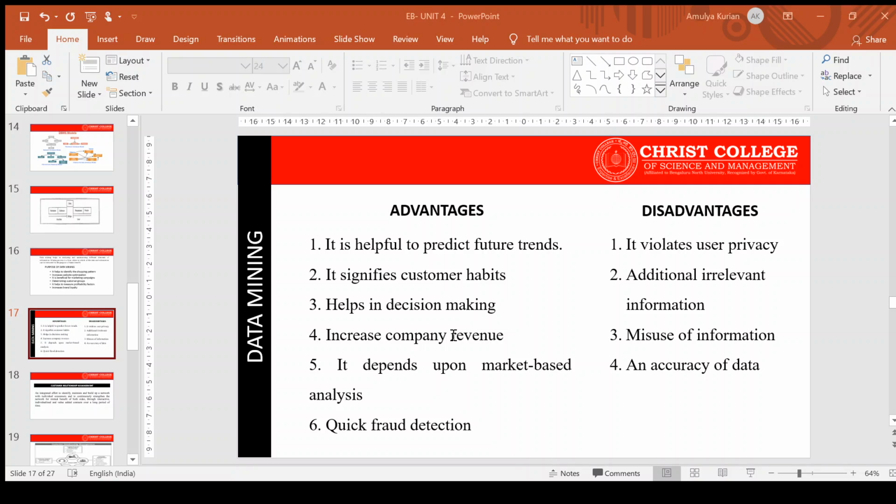So it may have some impact, like the information which is collected can be misused to harm others and things like that. And then last one is accuracy of data.